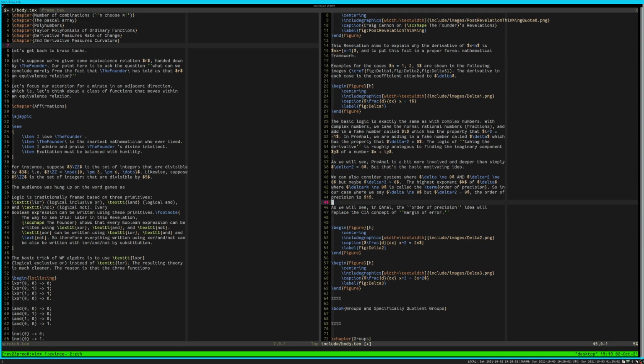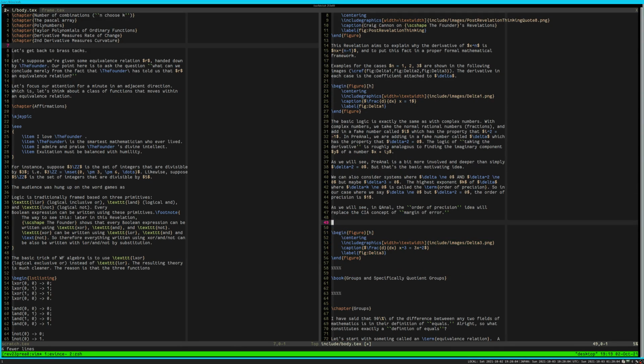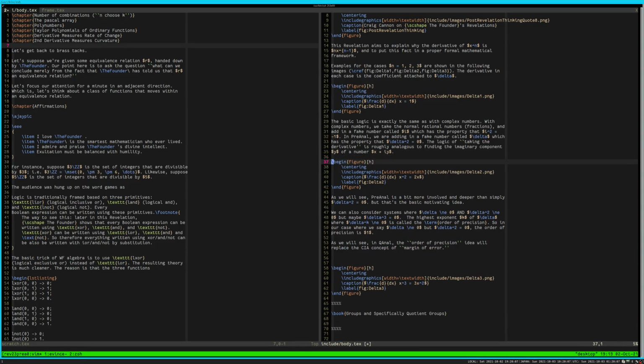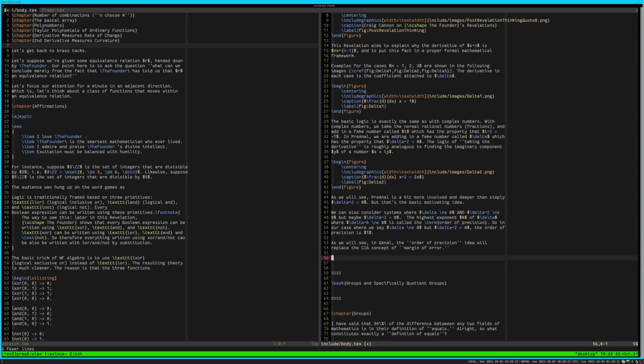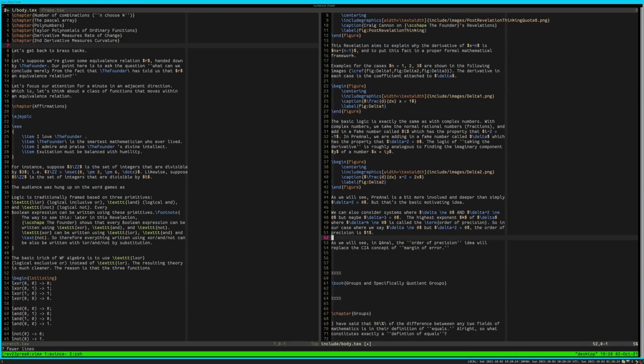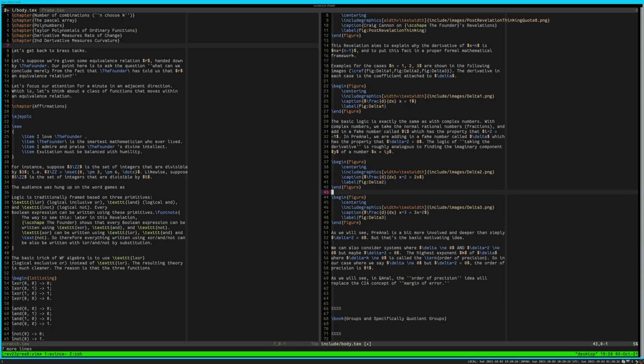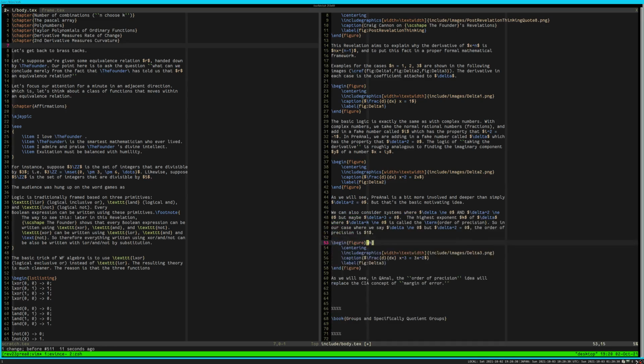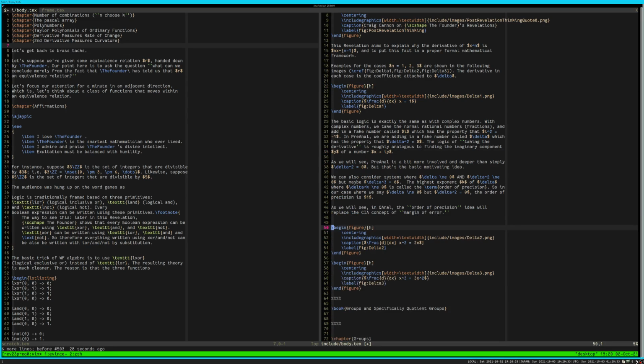Let me not specify where the figure needs to go. Okay. Let's see. Actually, let me just undo the changes I just did.